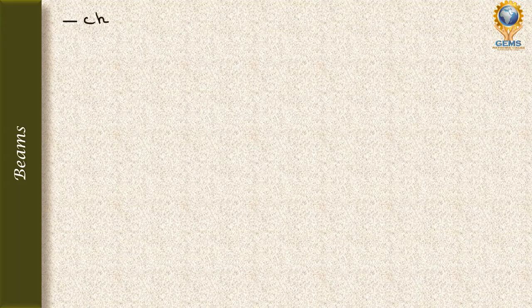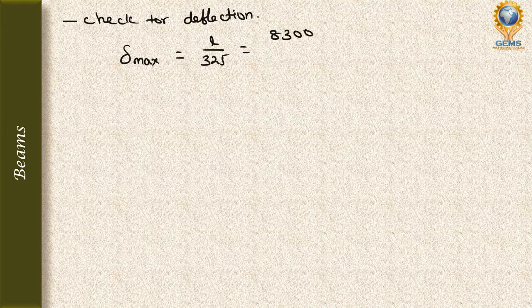Last we have to go for the check for deflection. First we have to find the maximum deflection. We are assuming it is a simply supported beam because it is connected between the two walls. So the maximum deflection formula is L by 325. L is 8300 divided by 325.